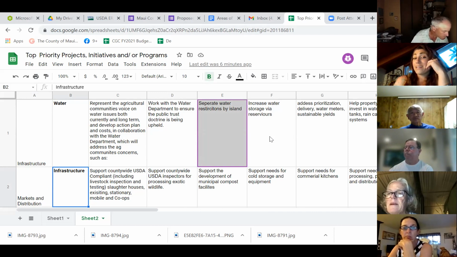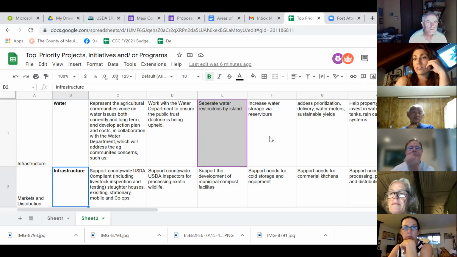From a sustainability standpoint, I think surface water and diversion water is probably better to use than groundwater, because we live on an island, and if we deplete our groundwater systems and they get salt intrusion, they're permanently gone.